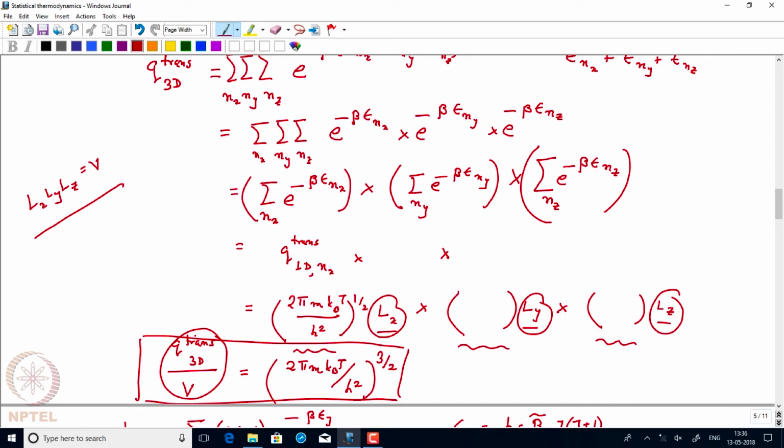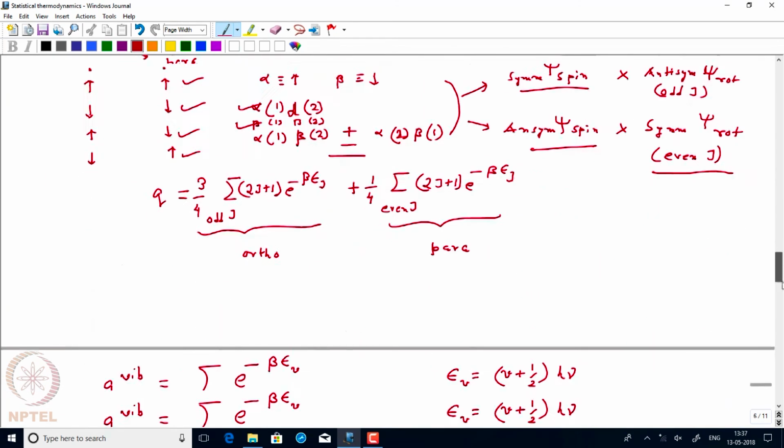So the volume part always gets associated with the translational partition function. It makes sense because the energy levels depend on the volume of the container; in a particle in a box model it depends on the length of the container in a 1D system. Similarly in a 3D system it depends on the volume of the container.